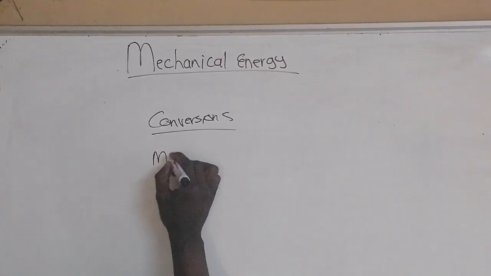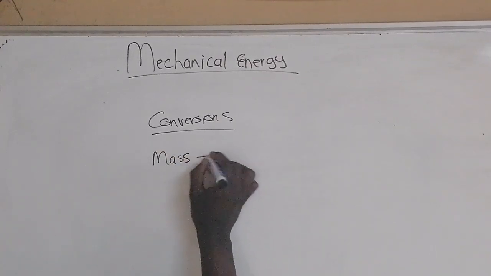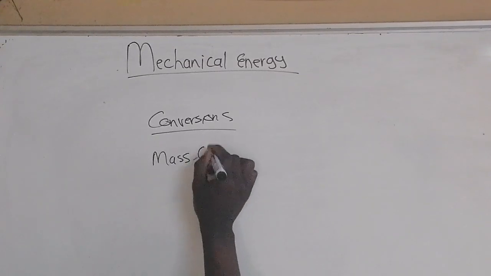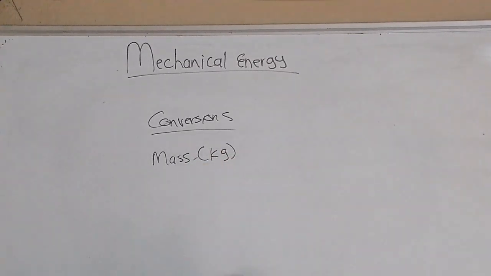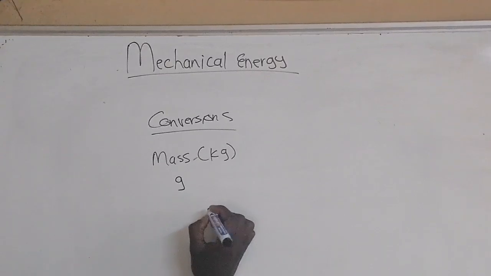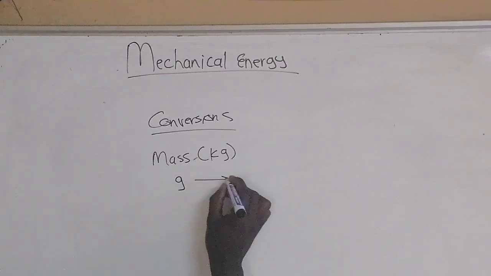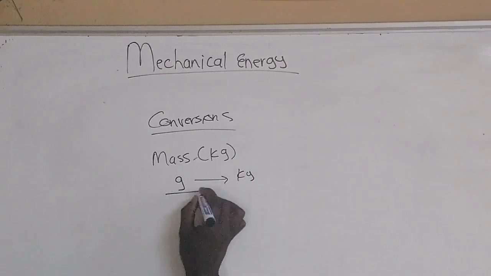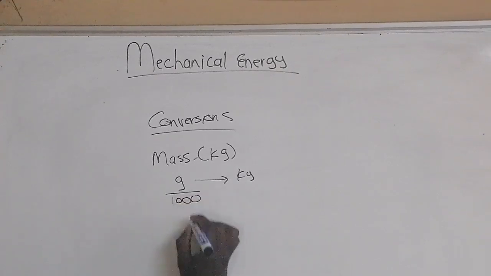Now, mass is measured in kg, right? But if they give you grams, it is very important for you to know how to convert it to kilograms. If they give you grams, to convert grams to kg, you have to divide grams by 1,000.